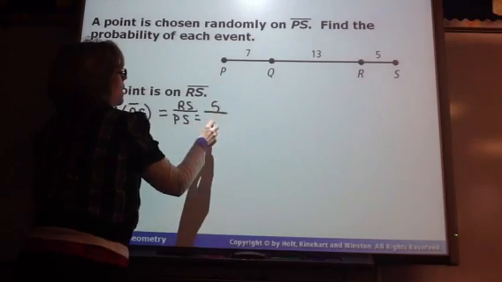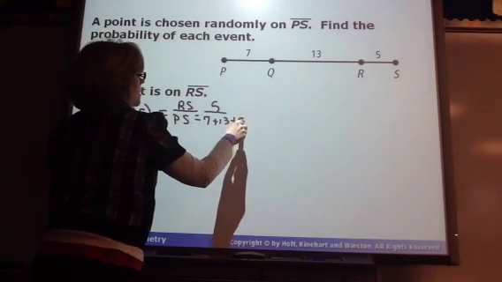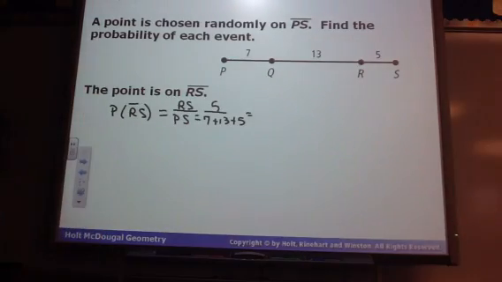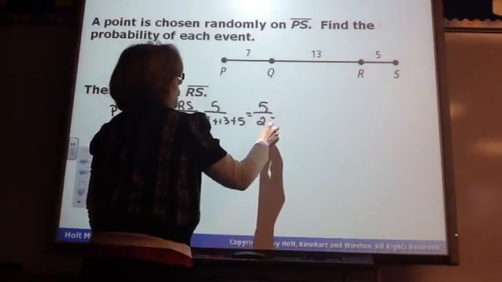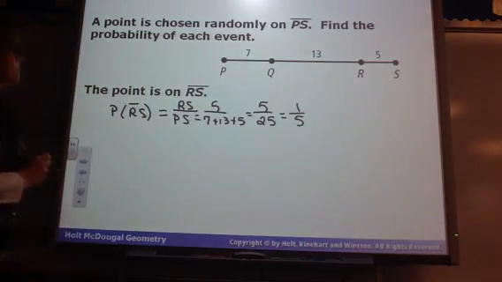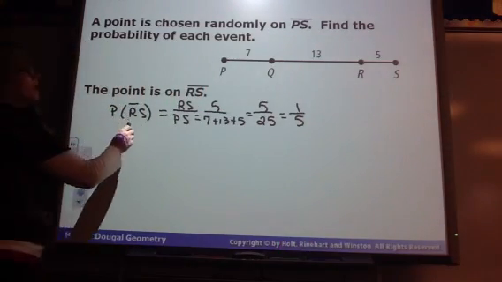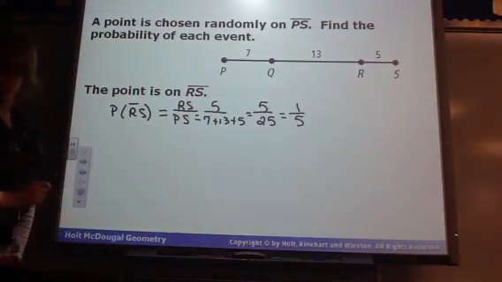So it would be 5 over 7 plus 13 plus 5, which is going to be 5 over 25, which is 1/5. So the probability of it landing in this section would be 1/5.